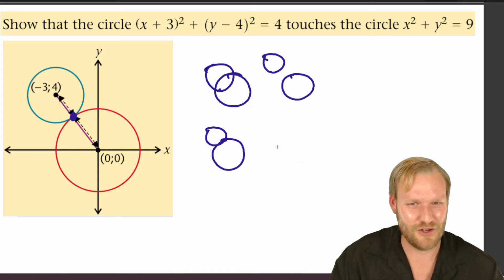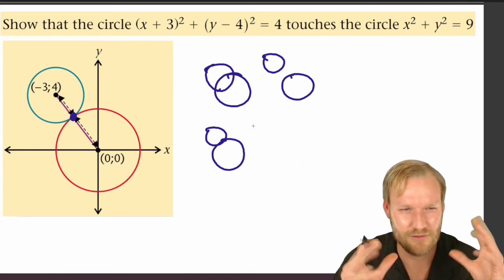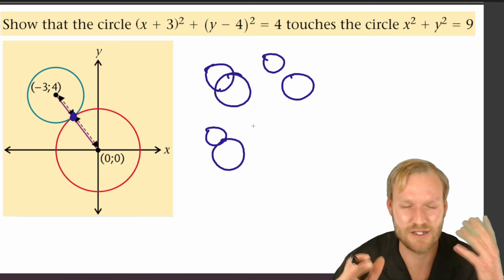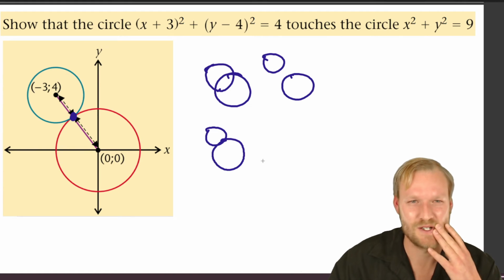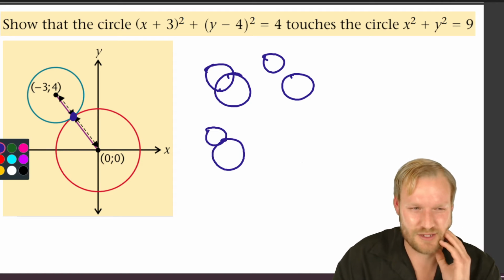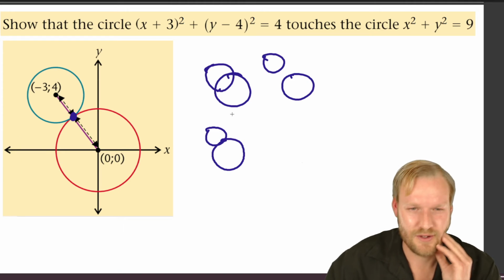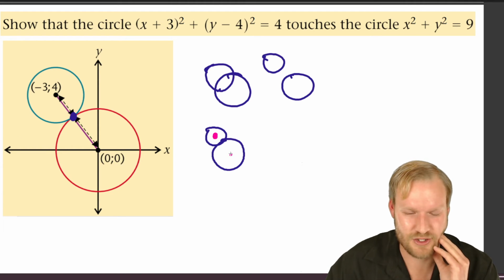Okay, so I'm just going to work through the high-level logic of what we're going to do, and then let's work through the details. If it touches once, we draw a line from this center to this center, and we work out its distance.